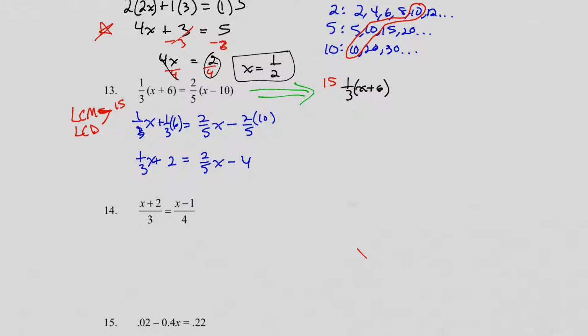That's one term there. And here's the other term right here. So basically this is going to create 15 divided by 3 is 5. 15 divided by 5 is 3. And then 3 times the 2, that's going to equal 6.